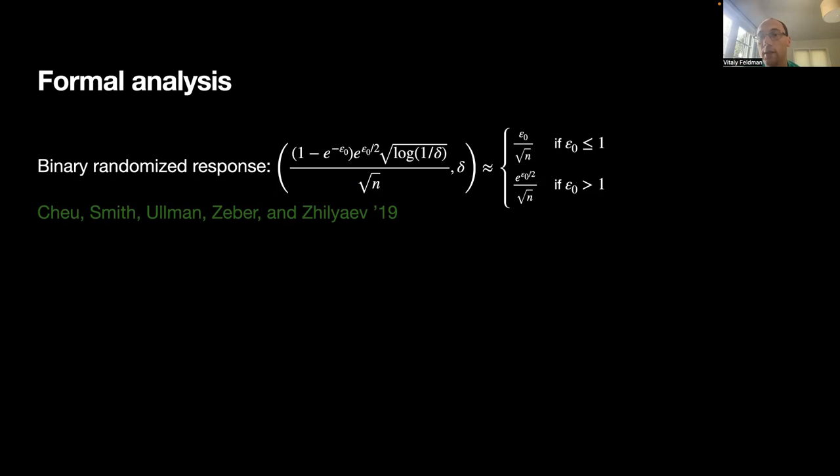For epsilons larger than 1, and as I mentioned, this is the important regime, the amplification works a little differently. It amplifies from e to the epsilon 0 over 2, but amplifies that value by square root of n.